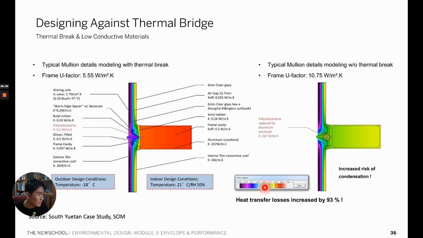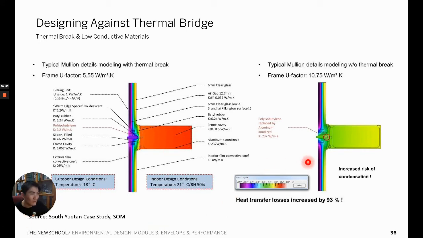Now the temperature at the back of the mullion is almost 0 degrees, while the proper design is maintaining the back of the mullion at almost 20 degrees.